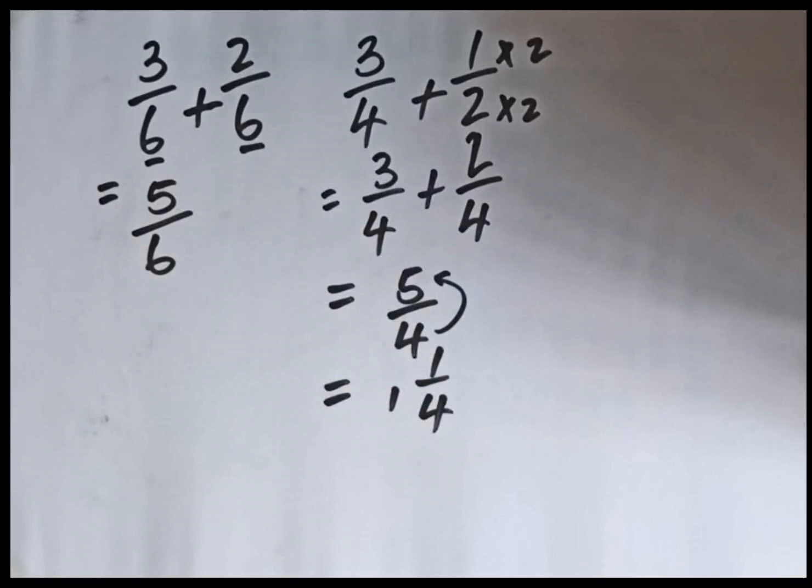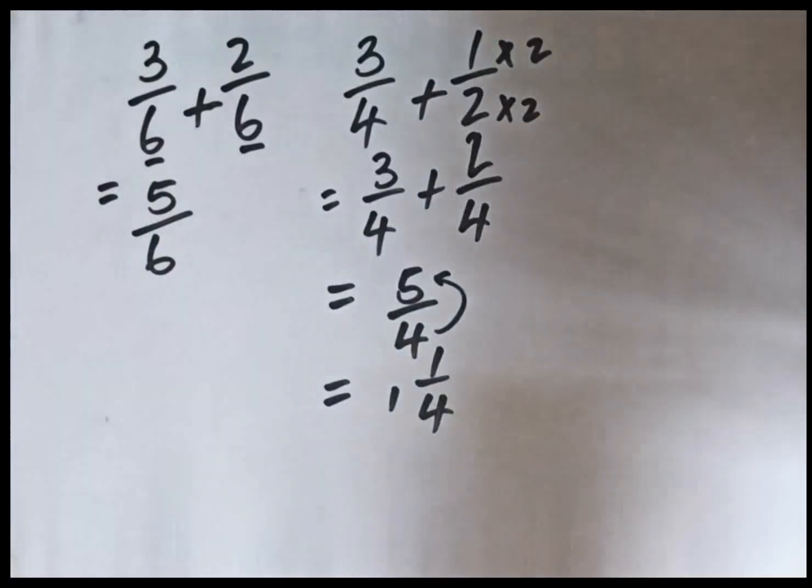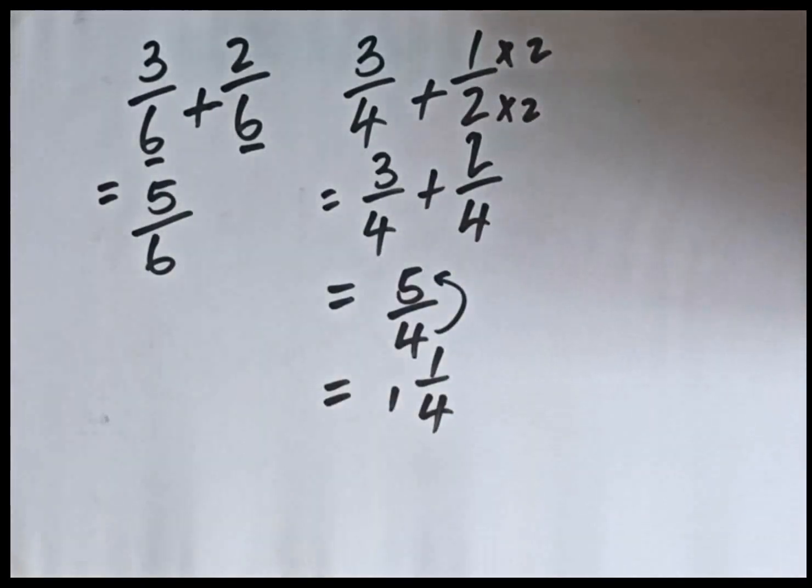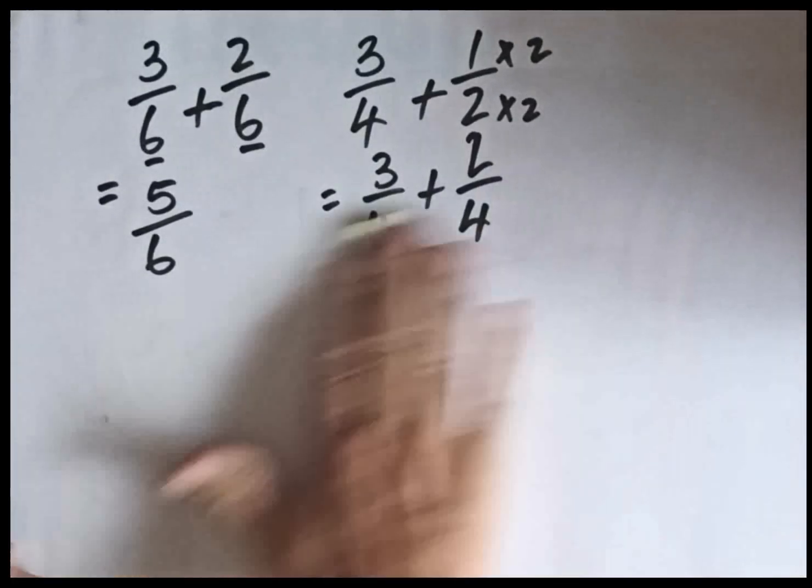Now guys, if you remember, this is how we did it in grade 6. But now we are in grade 7. We get cleverer, we get more challenging sums, and we're going to look at some examples that you receive in grade 7 where the denominators are not the same.